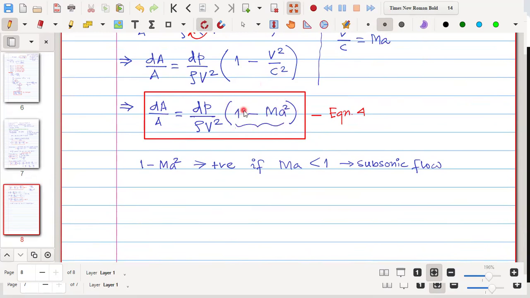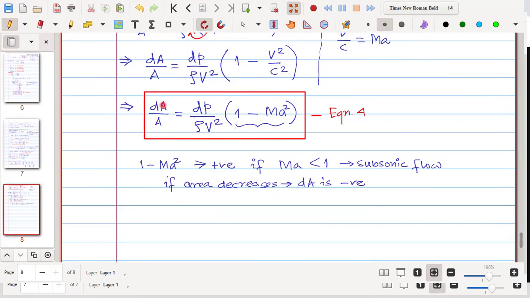And therefore, if the area decreases, that means for a subsonic flow, if area decreases, that means dA is negative.